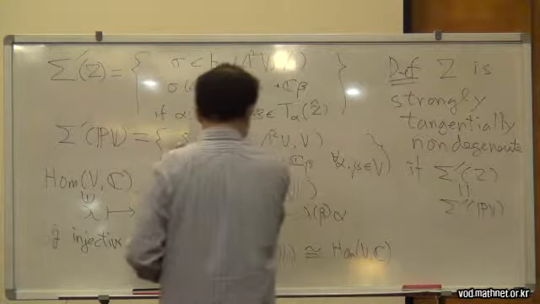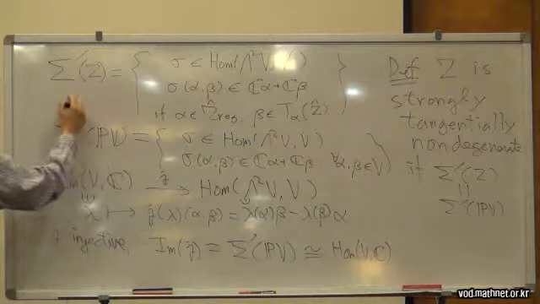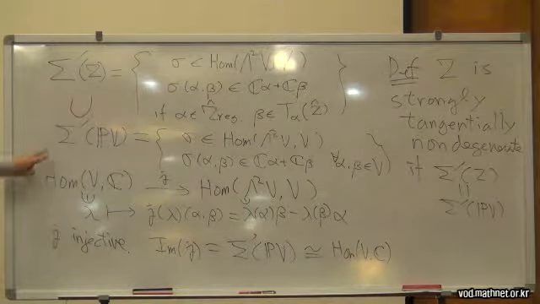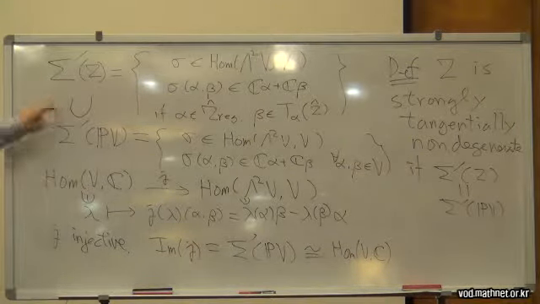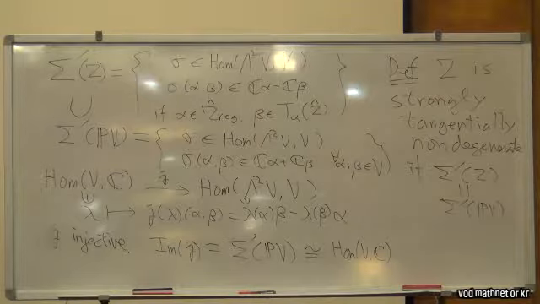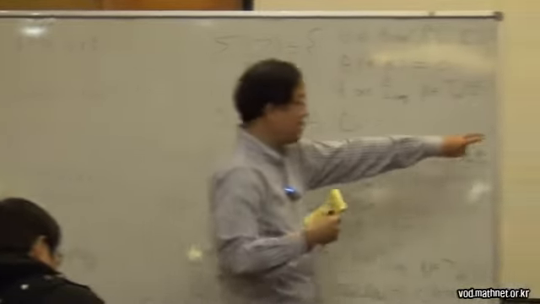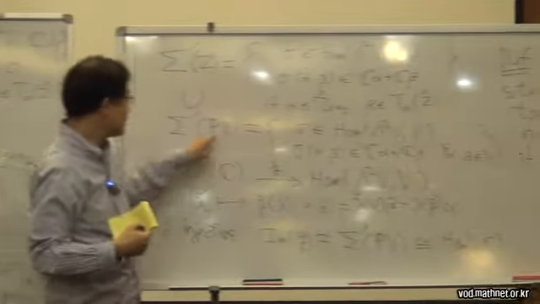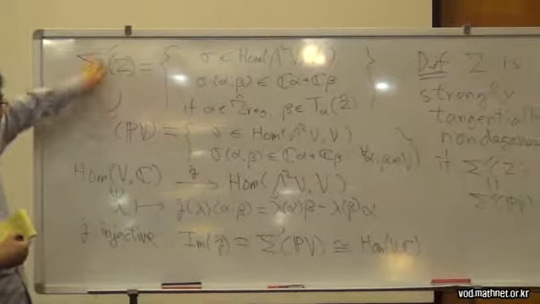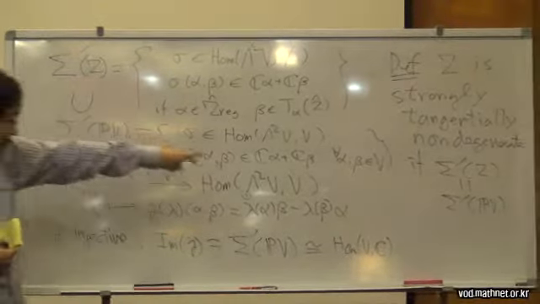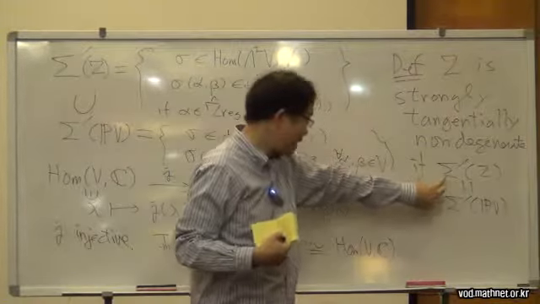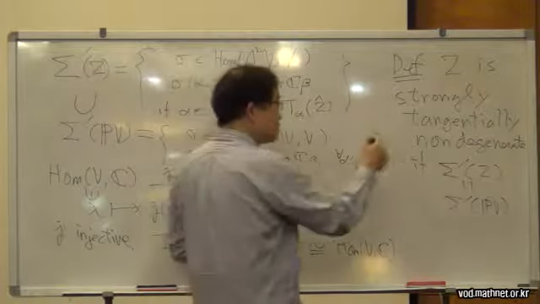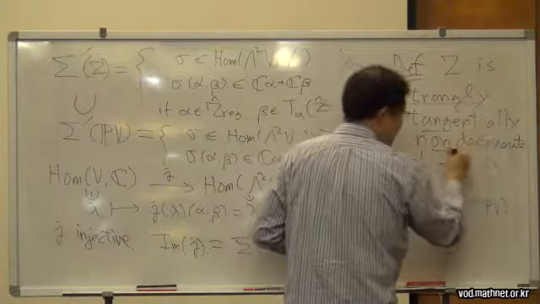By the way, note that sigma prime PV is always contained here. It's kind of a relation that this is always contained in here and this is always contained in here. So because of the definition, there's always inclusion in one direction. And if this is equal, then I will say it's strongly tangentially non-degenerate.